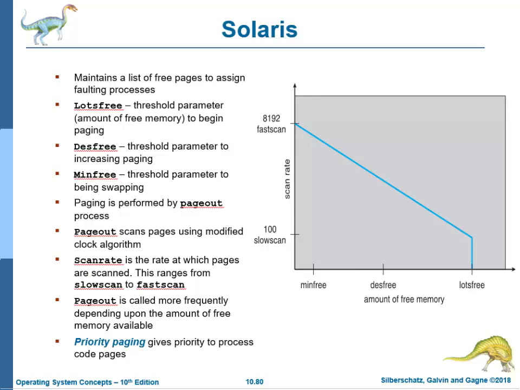When free memory falls below lotsfree, scanning occurs at slowscan pages per second and progresses to fastscan, depending on the amount of free memory available. The distance in pages between the hands of the clock is determined by a system parameter called handspread. The amount of time between the front hand clearing a bit and the back hand investigating its value depends on the scan rate and the handspread.